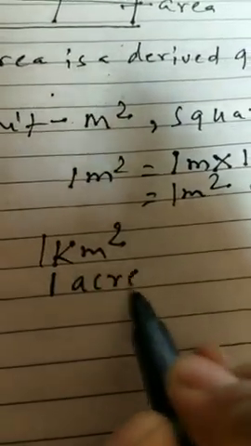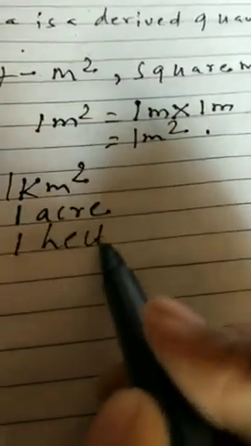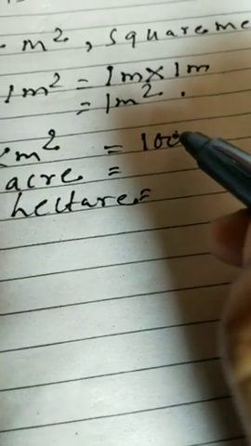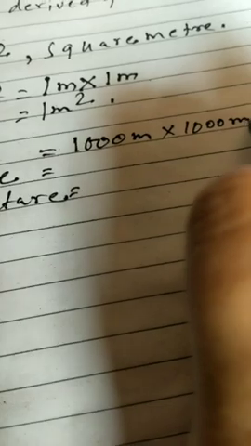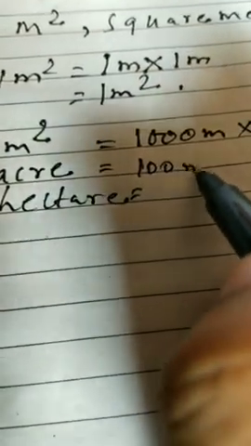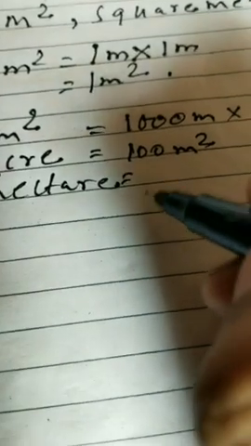Another is 1 acre and 1 hectare. These are bigger units. You get a square kilometer by multiplying 1 kilometer, that is 1000 meter, into 1000 meter, or 10 to the power 6 meter square. So 1 acre is 100 meter square and 1 hectare is 10,000 meter square.